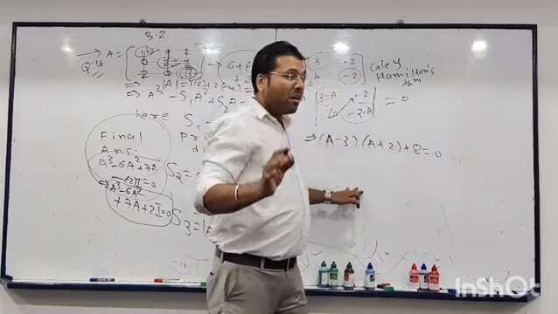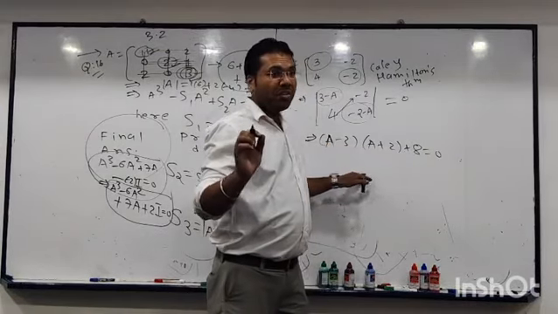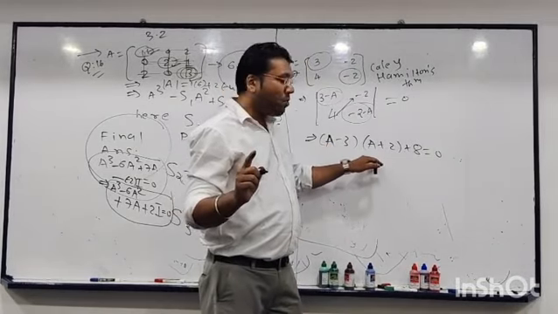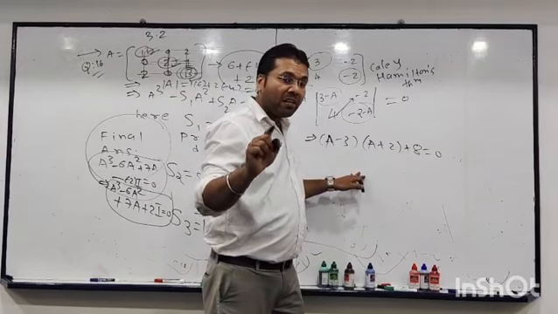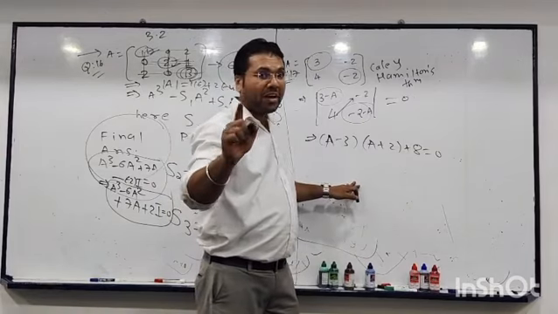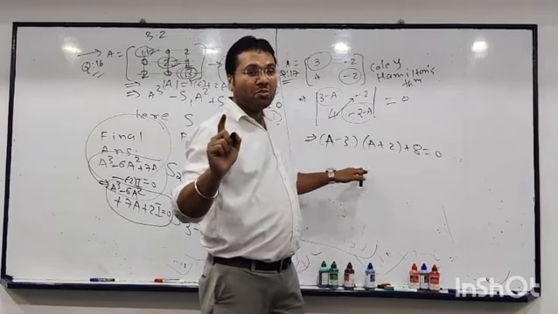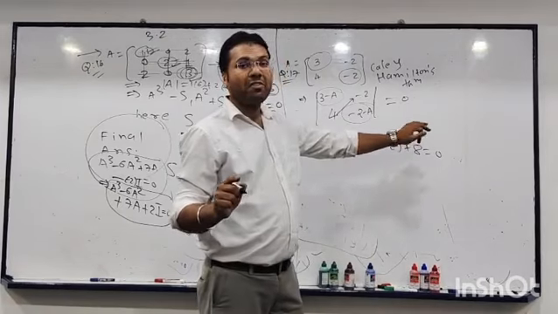Friends, keep in mind, wherever you are seeing a constant term only, you have to replace constant term by constant into I, and then you will get final answer in terms of matrix, friends. So whenever you are seeing a scalar term or constant term, replace it by scalar into I value.